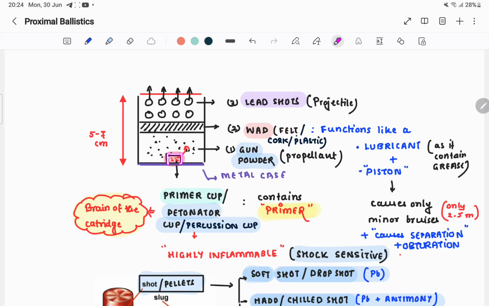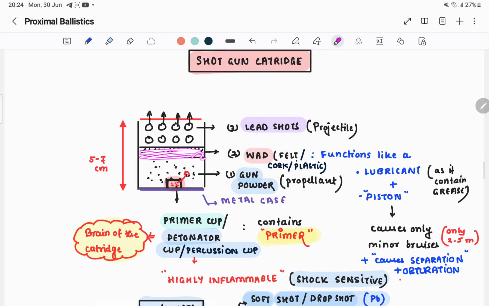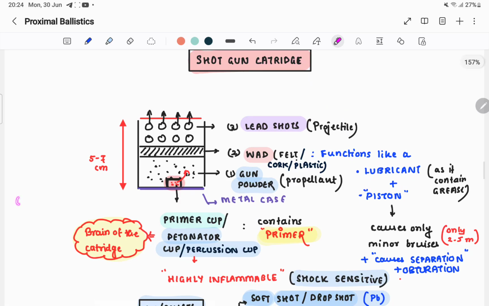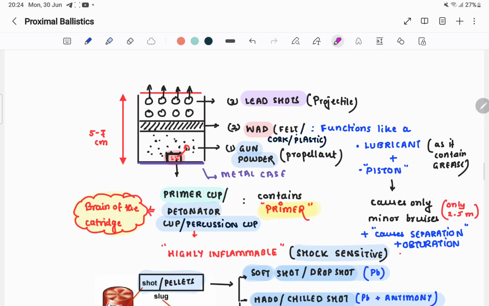There is a metal case at the end. In the first compartment we have gunpowder. In the second compartment we have wad, W-A-D, or felt, cork or plastic. Wad or felt is the common terminology, and it has about 4 functions. It functions as a lubricant, since it has grease.